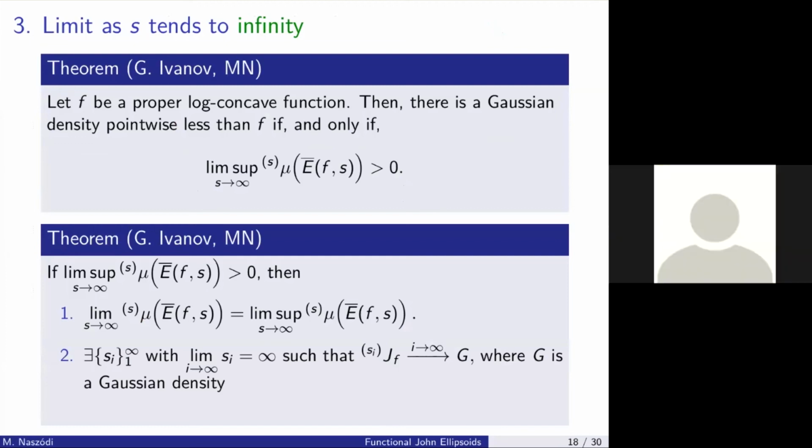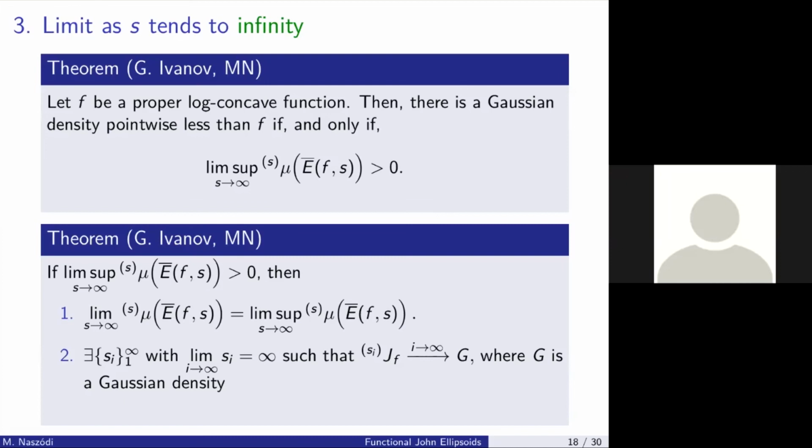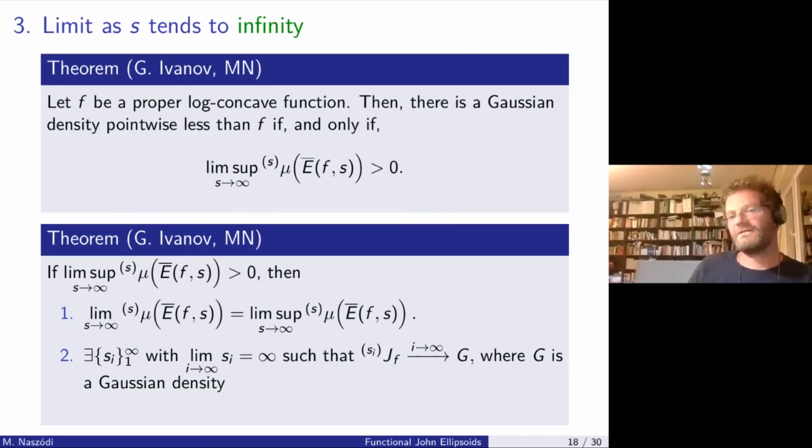That's a good question. No. I mean, it should be some Gaussian in the middle, in some sense, if you have some family of maximal Gaussians.